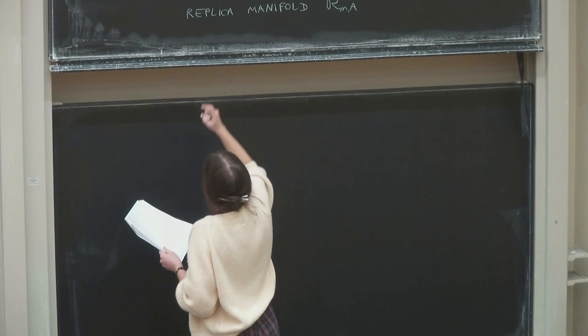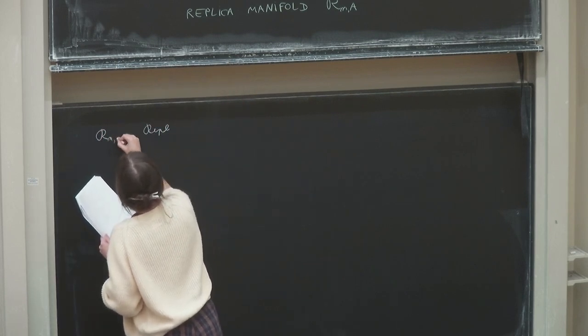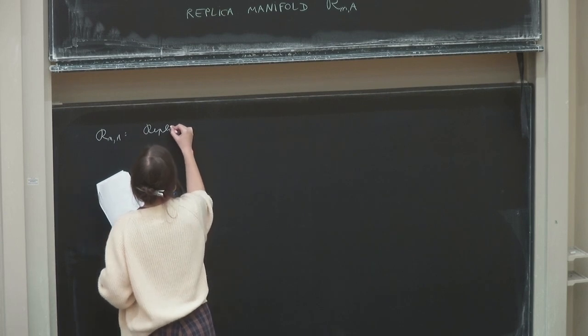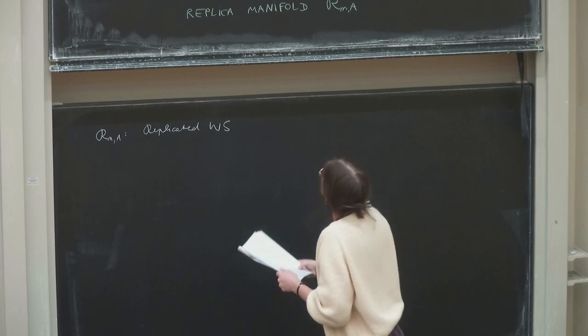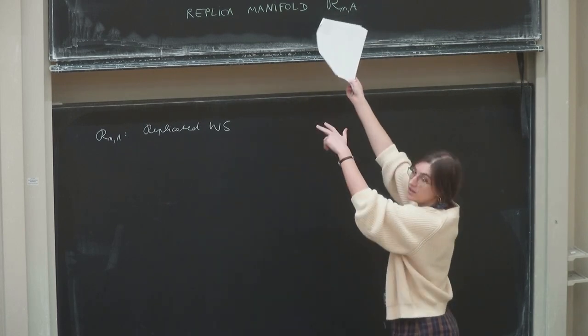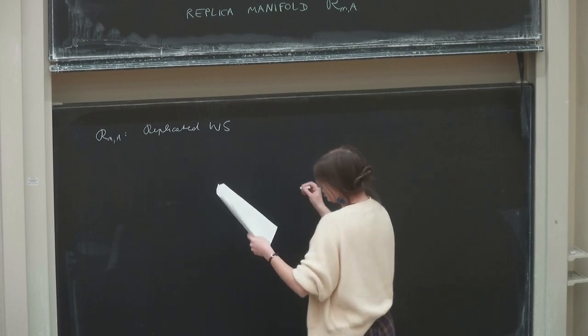So the replica manifold is a replicated world sheet. By world sheet, I mean the geometry that x and t_E, your coordinates, span. Okay, so it's a replicated world sheet.